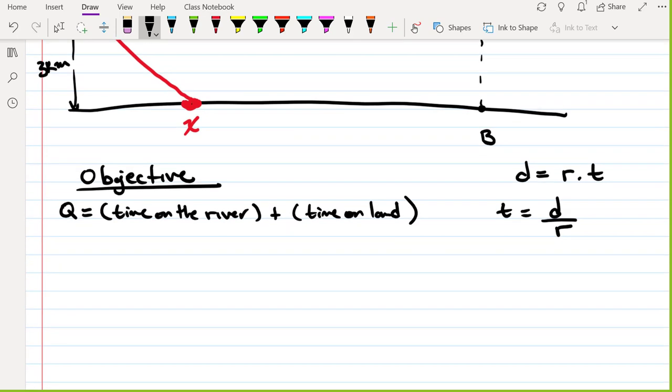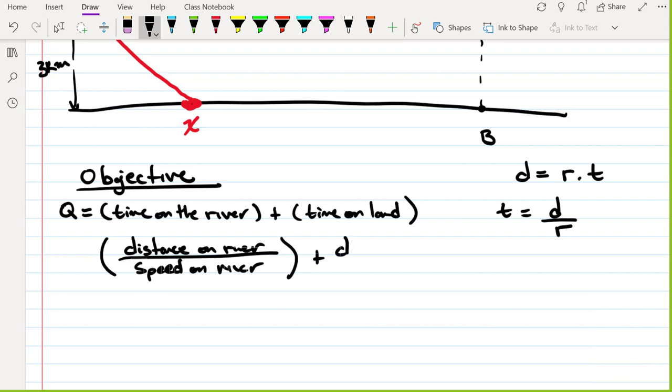So then using this, his time on the river is going to be the distance on the river divided by his speed on the river plus his distance on land divided by speed on land.